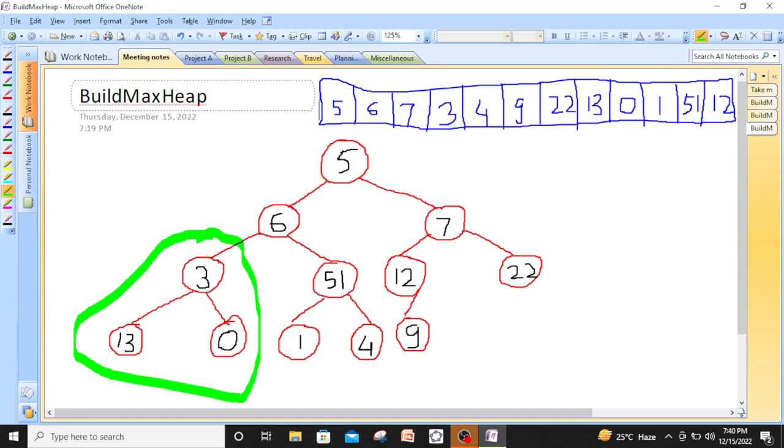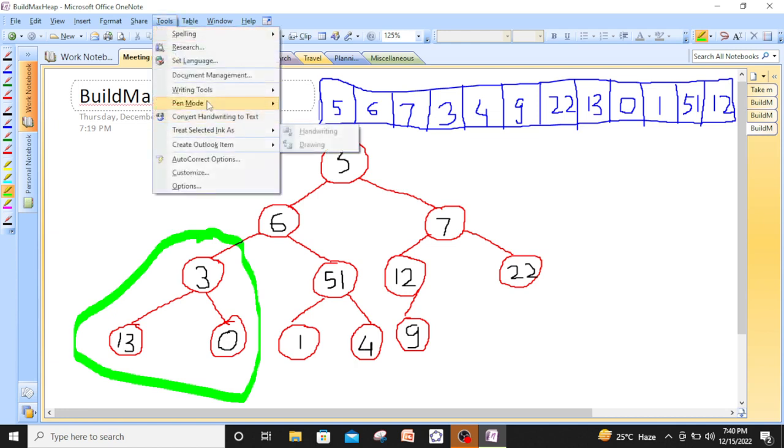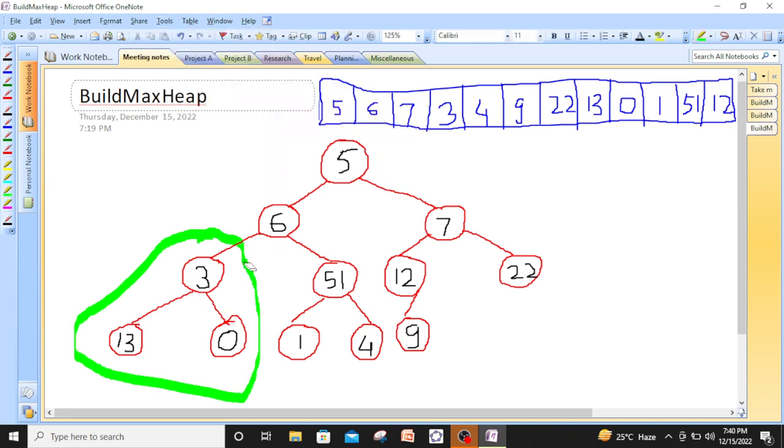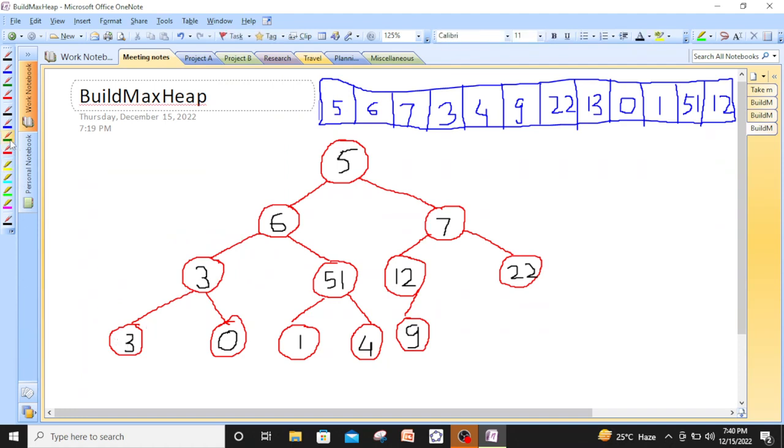So 3 and 13 will be interchanged. You see, I have interchanged. The next node is 7.